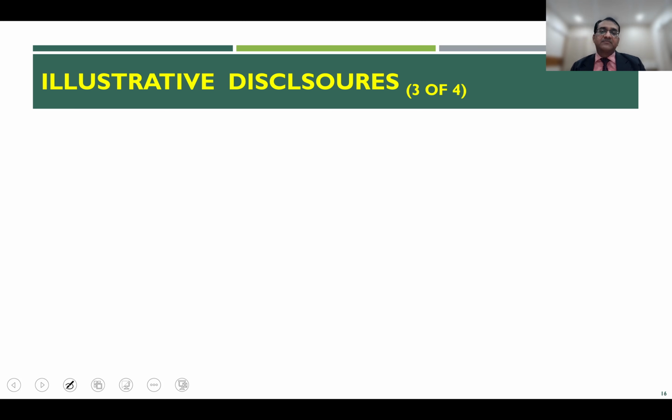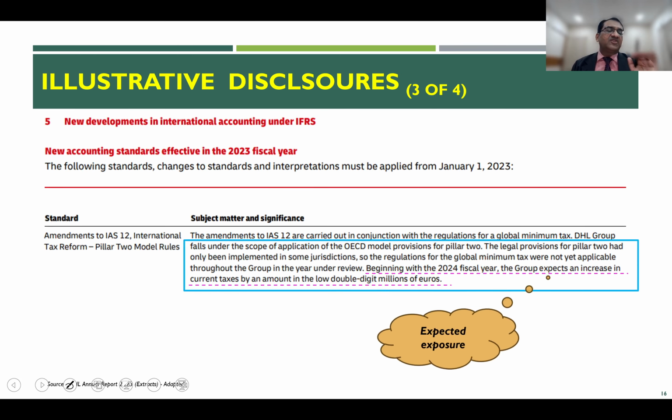Going further, now when it comes to the expected exposure, another sample illustration is given here. Again, I have given the source from where it has been taken. It's from the DHL's balance sheet. It says, the group falls within the scope of the Model 2 rules.